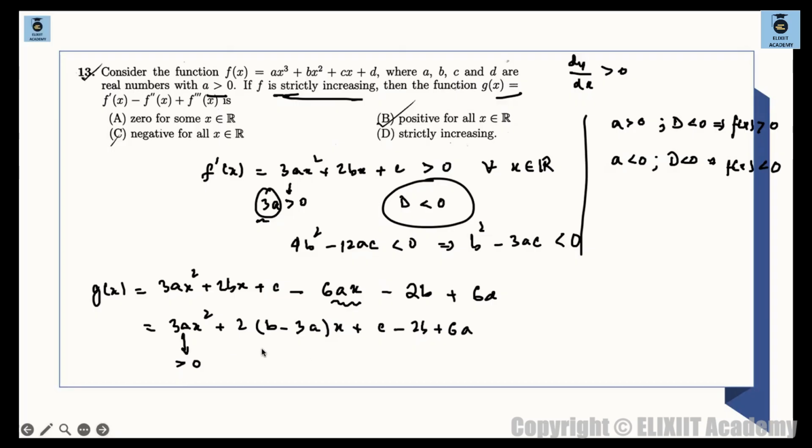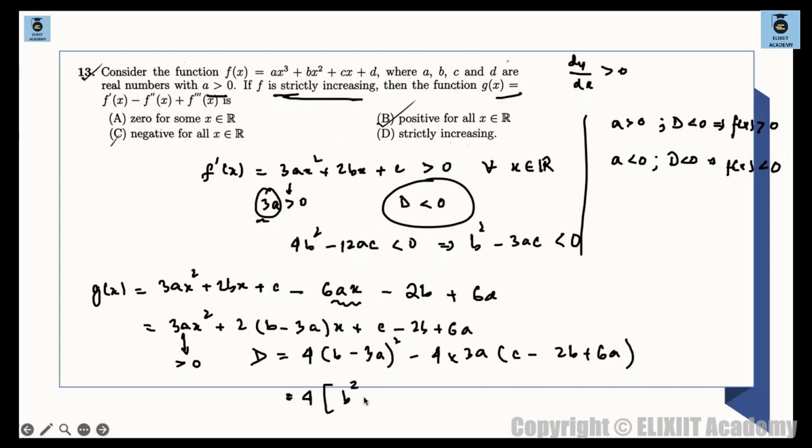Now, if we check for the discriminant d, d will be b square minus 4ac, which is 4 into b minus 3a whole square, minus 4 into a, which is 3a, into c, where c is this entire constant, c minus 2b plus 6a. If we analyze this, 4 we can take out common.